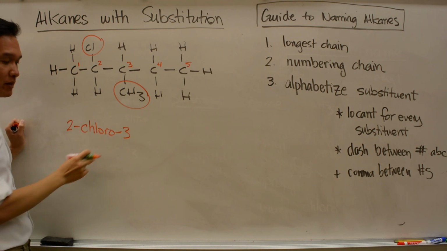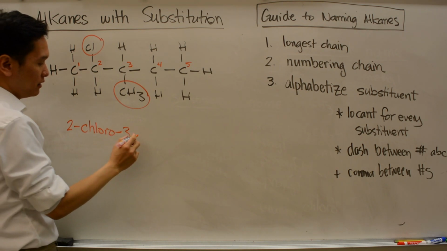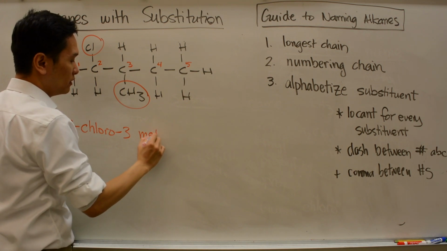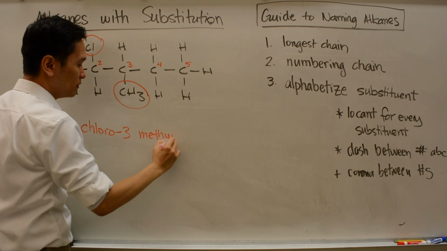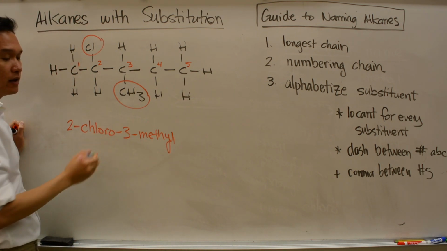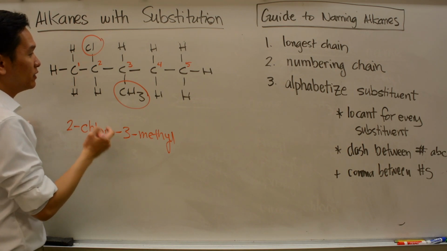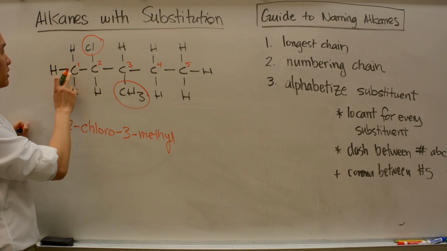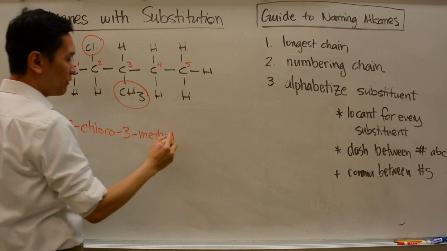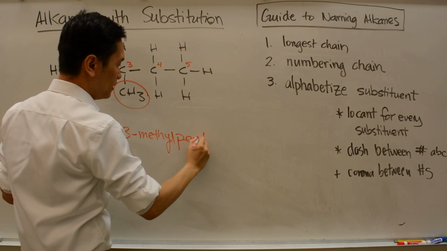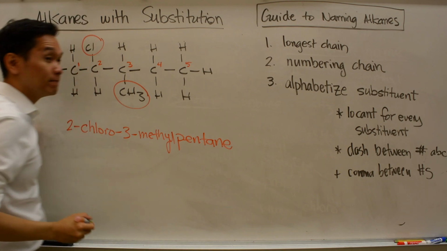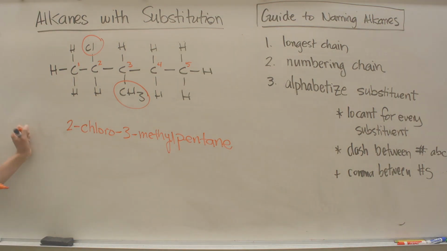A dash, right, because it's a number and a letter. Methyl. Can I just write methyl like that? What do I need in between? Another dash. Okay. 3-methyl, and that's all my substituents. Now I just put in my main chain, which is 5, pentane. Okay, so let's do some more examples.